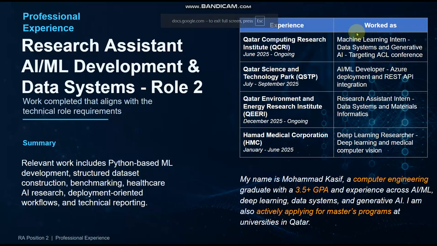So I'll quickly be sharing some of my experience. I worked at Qatar Computing Research Institute as a machine learning intern. At QSTP, I did some work as an AI ML developer, and we used Azure and integrated REST API there as well. At Curie, I focused on material informatics.